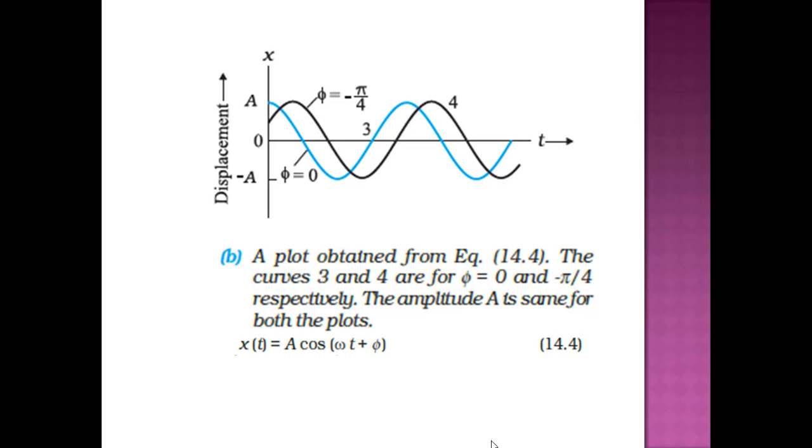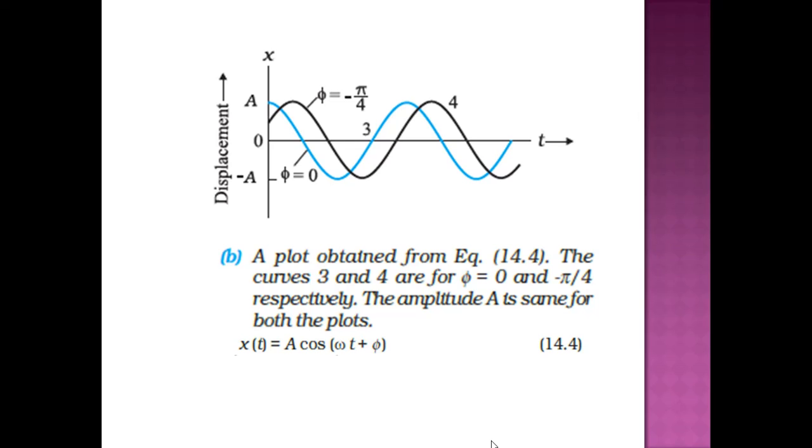Now this is another example where we have two oscillatory motions. Both have the same amplitude A, but the value of phi is different. You can see the blue graph has an amplitude A and its maximum value is at the origin.